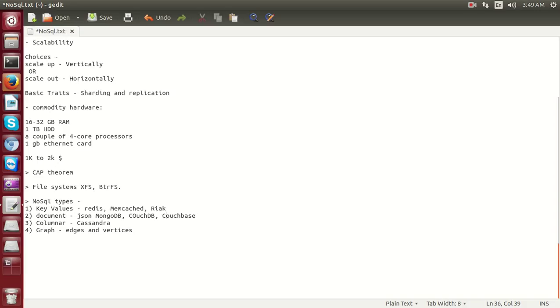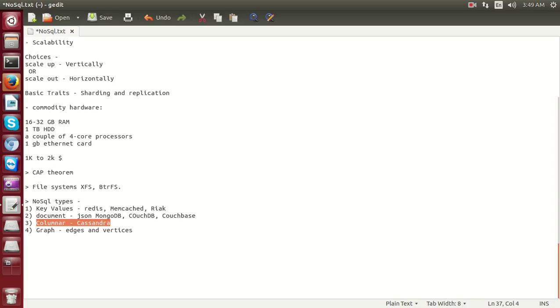Alright, the second category is document oriented databases. Document oriented databases actually store data in JSON format. Examples could be MongoDB, CouchDB, Couchbase, and a few others. Then the third category is columnar or column family databases.